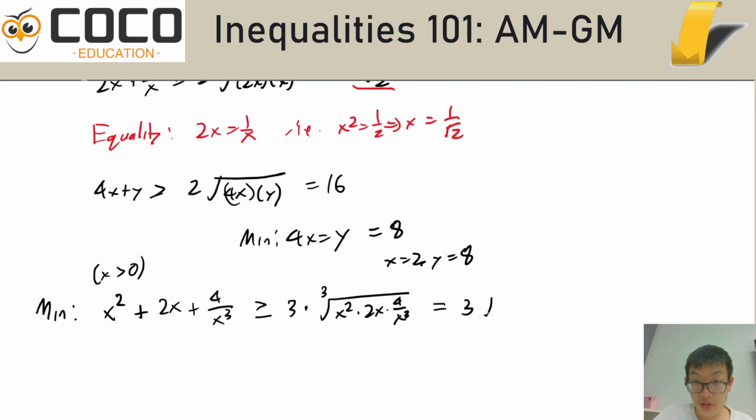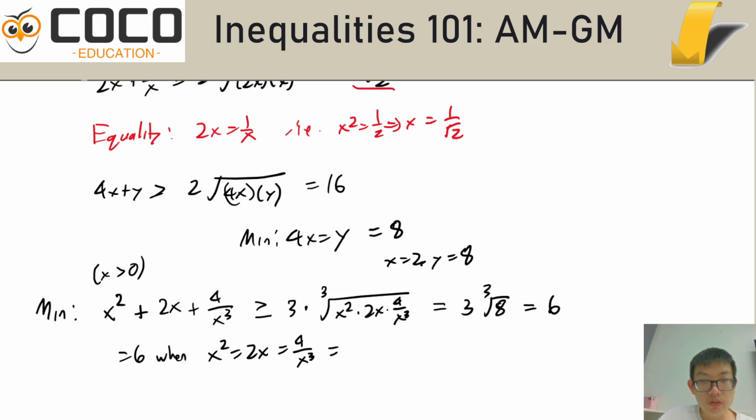It's a fixed product, so very good. It's a value of 6. When is it 6? When each of those three things is equal to 2.